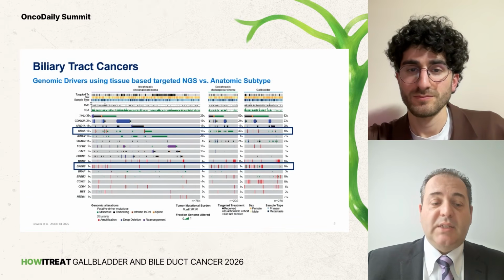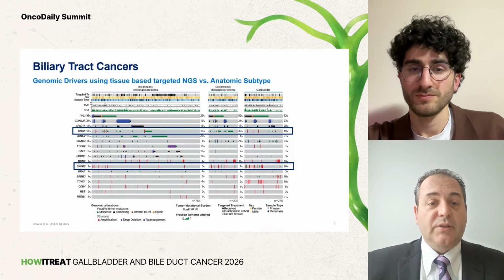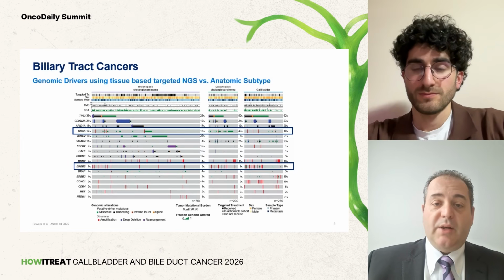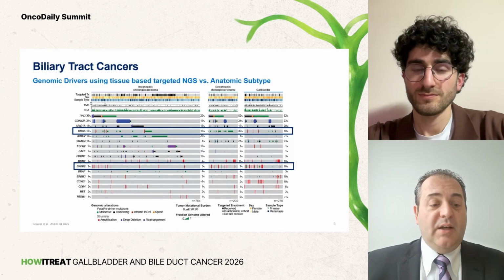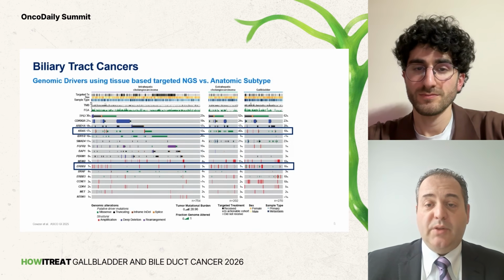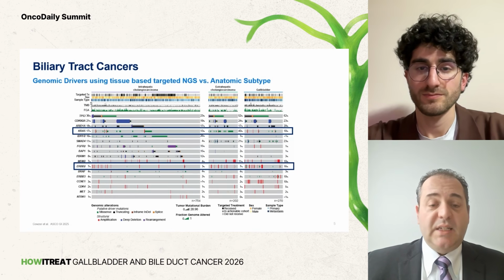These are data from Darren Cowser when he was at Memorial Sloan Kettering Cancer Center, where we have an ongoing genotyping project. This data cut looked at approximately 1,200 patients with biliary tract cancers, and you can see genomically these are distinct entities.